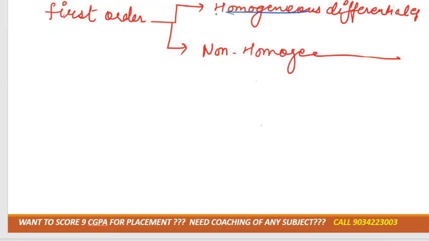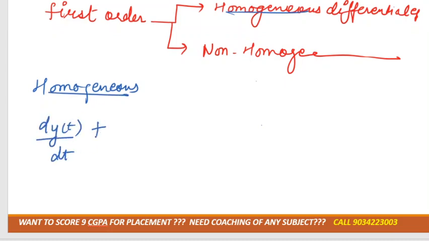If it's under the category of homogeneous, then the standard equation is dy(t)/dt plus p y(t) would be equal to 0.